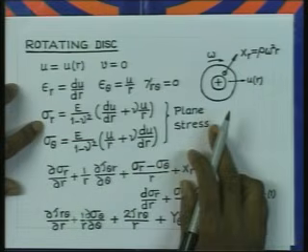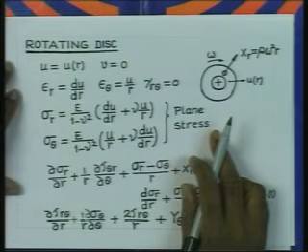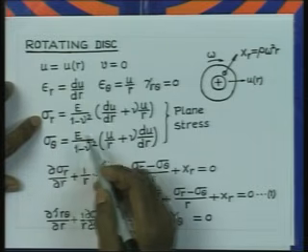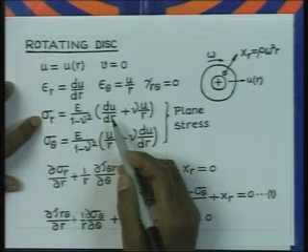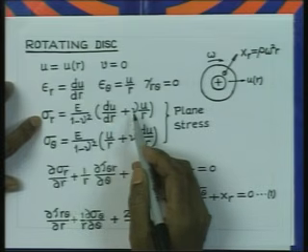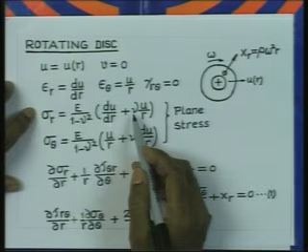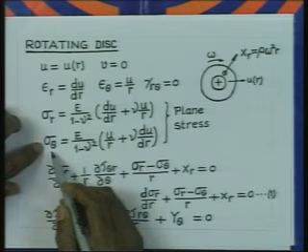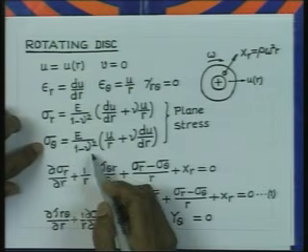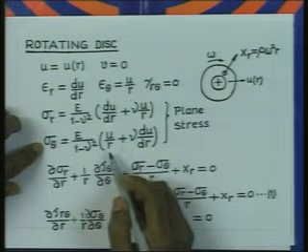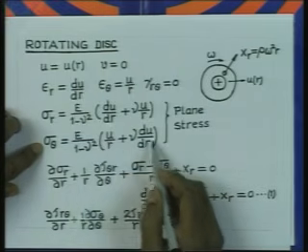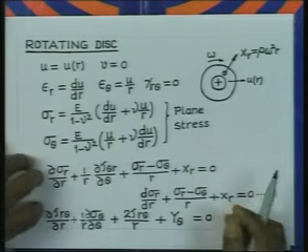Again, assuming a plane stress condition to exist in the disc, the radial stress is given by E by 1 minus nu square into the radial strain du dr plus nu times tangential strain u by r. Along similar lines, sigma theta is equal to E by 1 minus nu square into u by r plus nu times du dr. Here u by r is epsilon theta, and du dr is epsilon r.